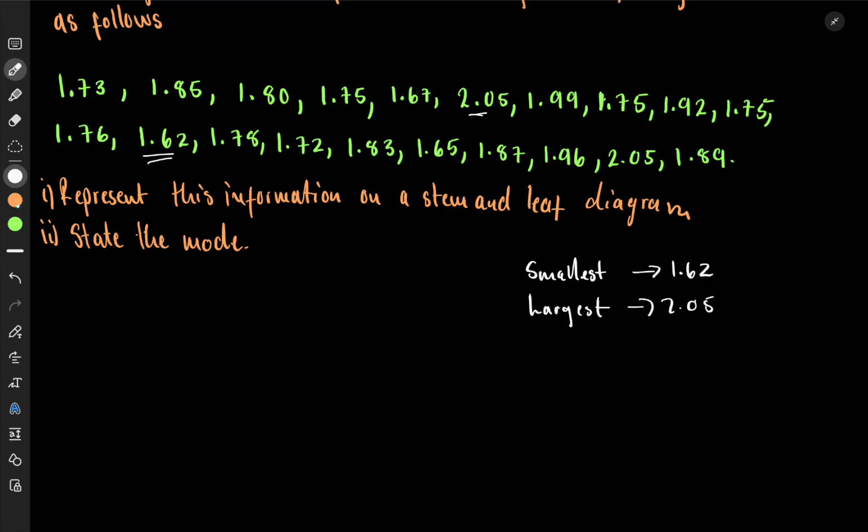So I'm going to look at the first two digits and then think of what to do. Here I have 16, here 20. I can separate my values because that is going to be my stem.